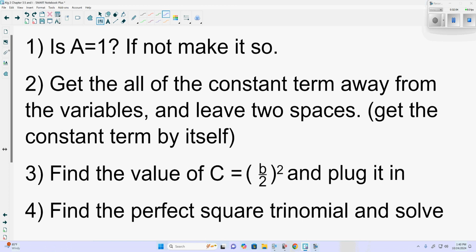Once we do that, we move on to our last step, which is to find the perfect square trinomial, which is what we had with c. Really, we're just finding our set of parentheses squared. We're getting it into factored form and solving by using the square root method.